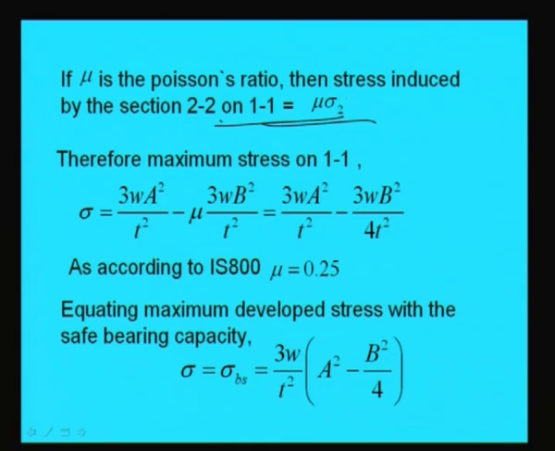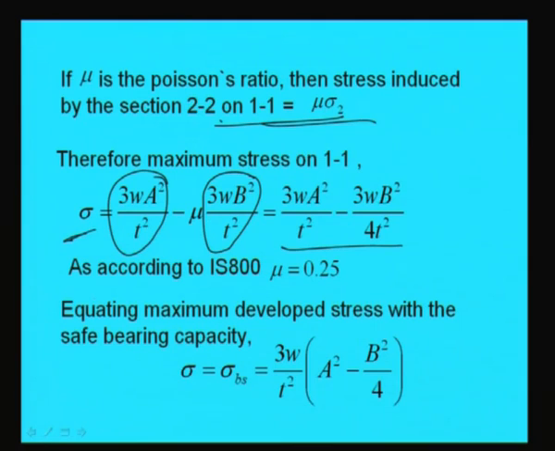So, what will happen? The sigma value will become sigma at section 1 minus mu into sigma at section 2, because this is the stress induced on 1 due to section 2. So, if we put those values, we will get 3W a square by T square minus mu into 3W b square by T square.